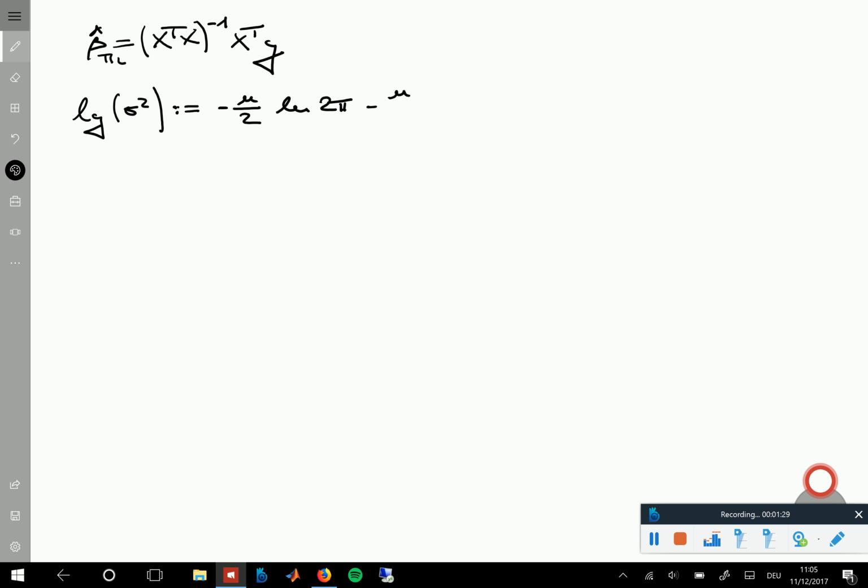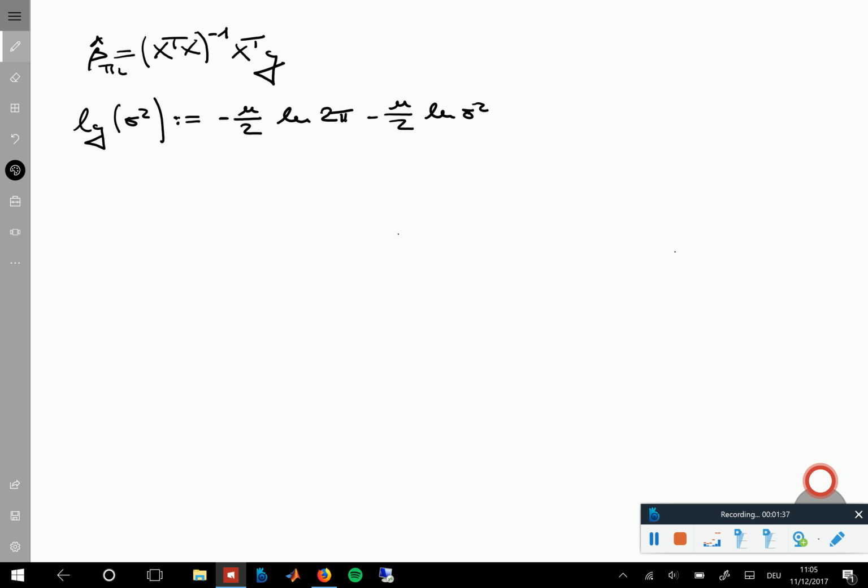It's the same multivariate Gaussian probability density function, of course. And the only difference is that we now put in our beta hat estimator here, because we know that now.